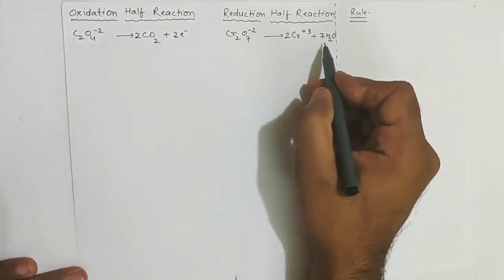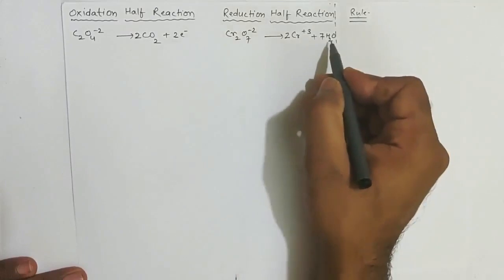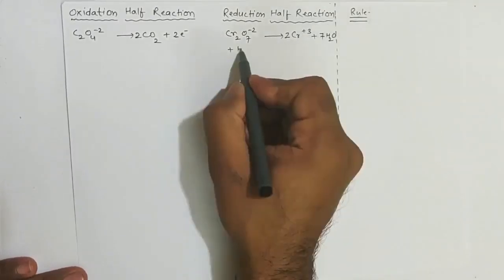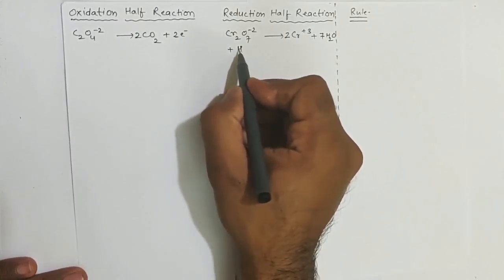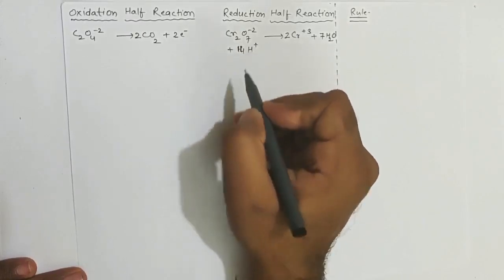Now let's balance hydrogen. At the reactant side there is no hydrogen atom, but at the product side there are a total of 14 hydrogen atoms. For balancing hydrogen, we will add an equal number of H plus ions, 14 H plus.